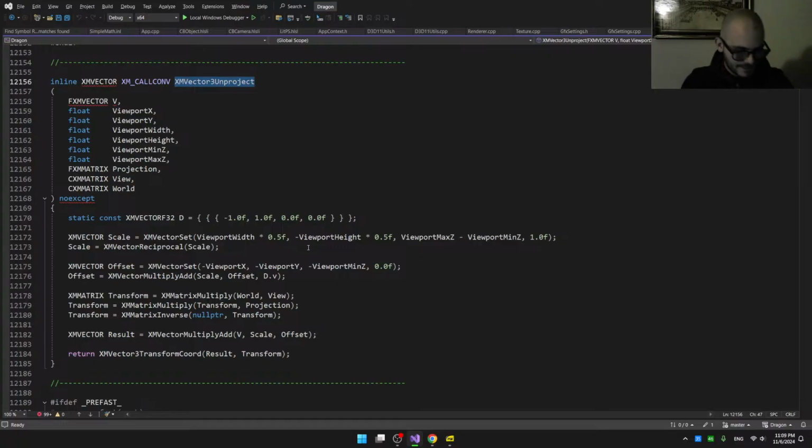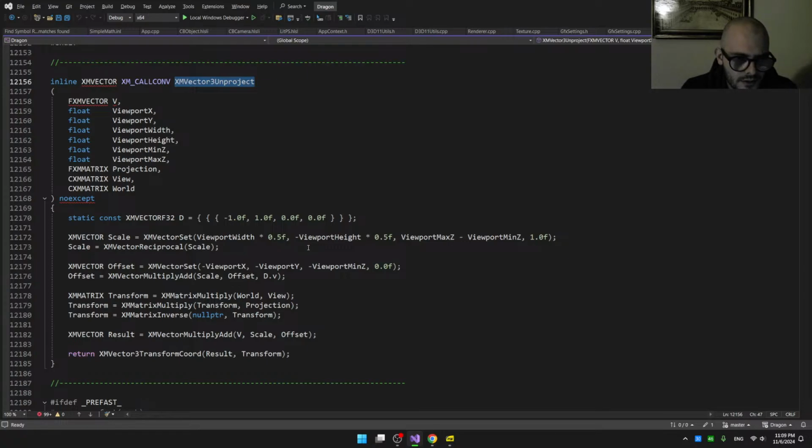The implementation is beautiful. So we take the vector -1, 1, 0, 0. The scale: viewport width, viewport max z minus... okay.